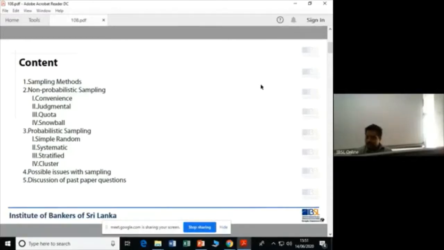In the second section, we will discuss probabilistic sampling. That would be the other side of non-probabilistic sampling, where we select the sample n from the capital N using some probability-oriented methodologies. Lastly, we will discuss some of the possible issues with sampling.